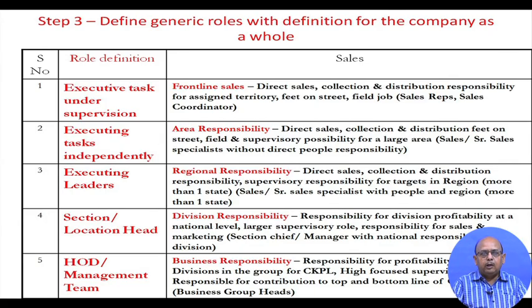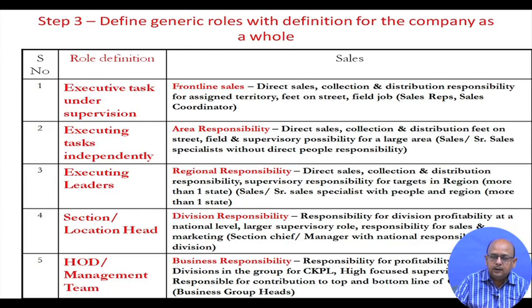Because you are also going to have certain supervisory responsibility for your lower staff. So, how are you going to set targets for them, what processes are you going to adopt, right. Then, since you are a location head or section head, what are your divisional responsibilities. You are responsible for that particular location or section of sales. So, how are you going to look at it?